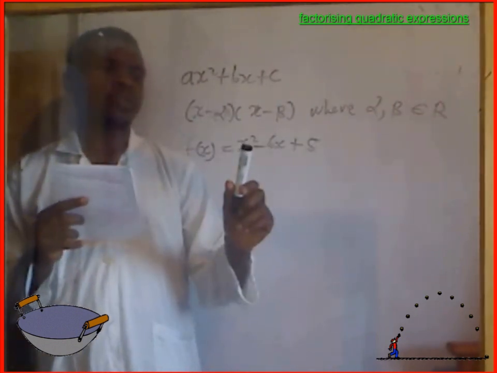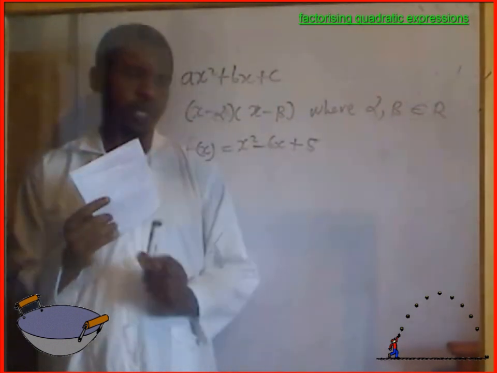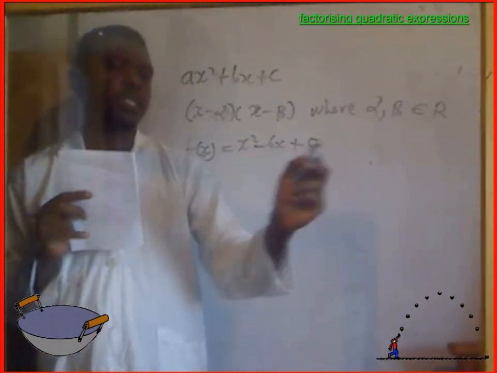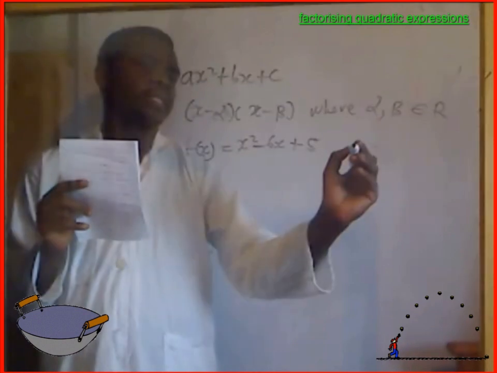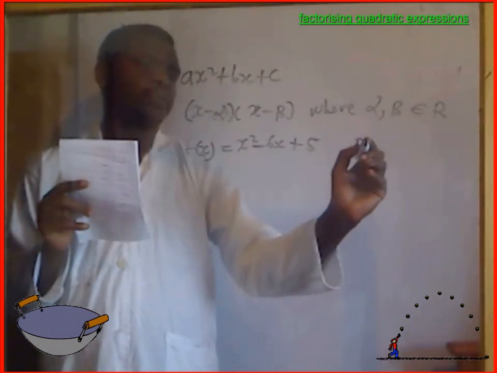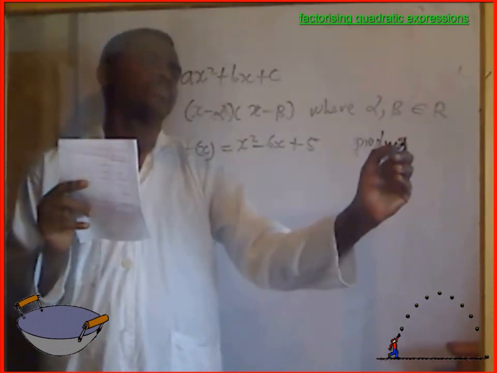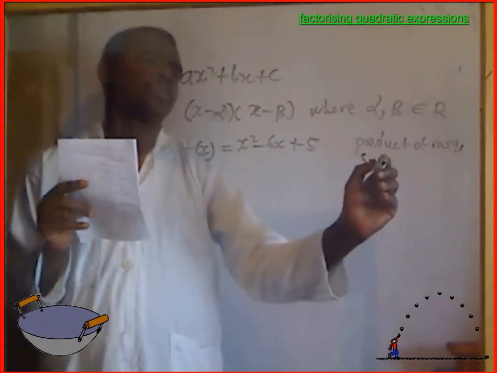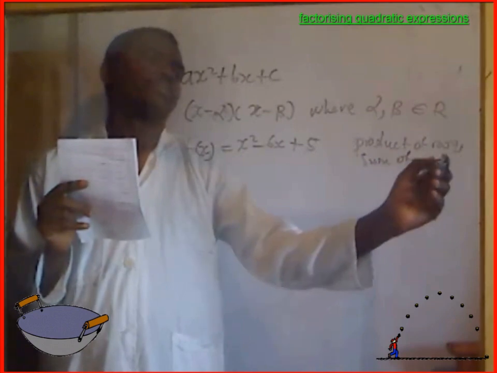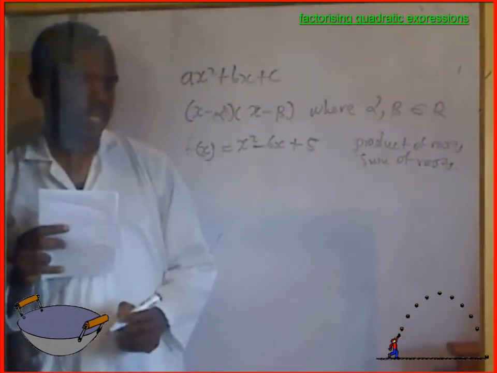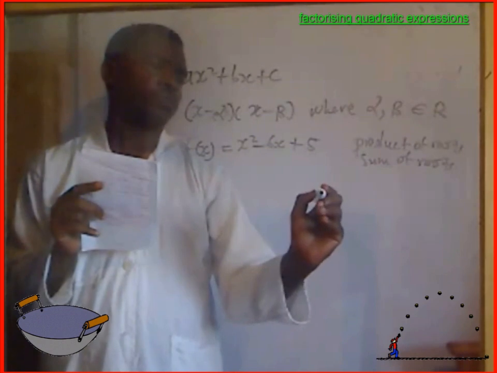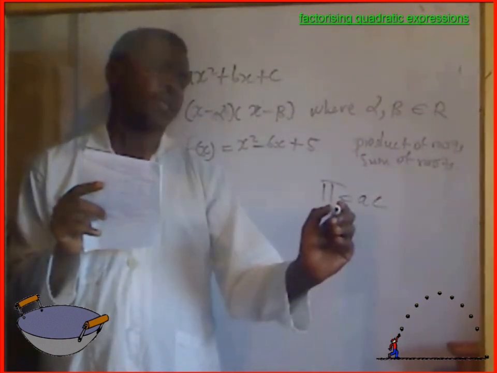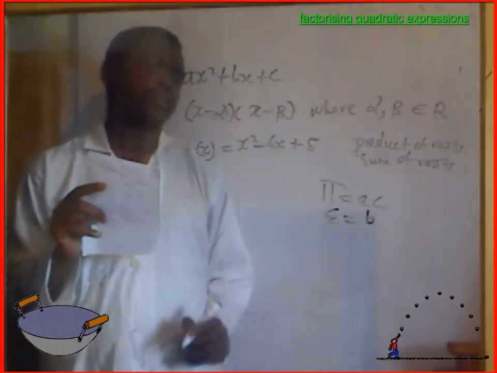If we are given x squared minus 6x plus 5 to factorize, what do we do? Here, if we consider our roots to be alpha and beta, we shall have the product of roots and the sum of roots. The product of roots is given by ac, while the sum is given by b.